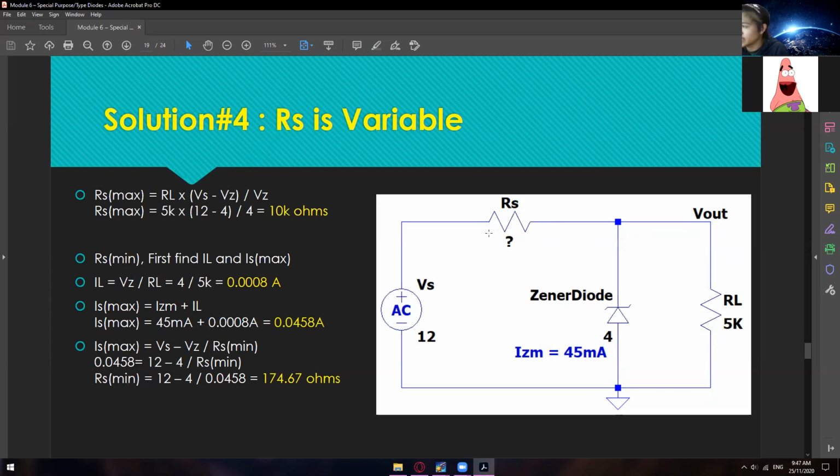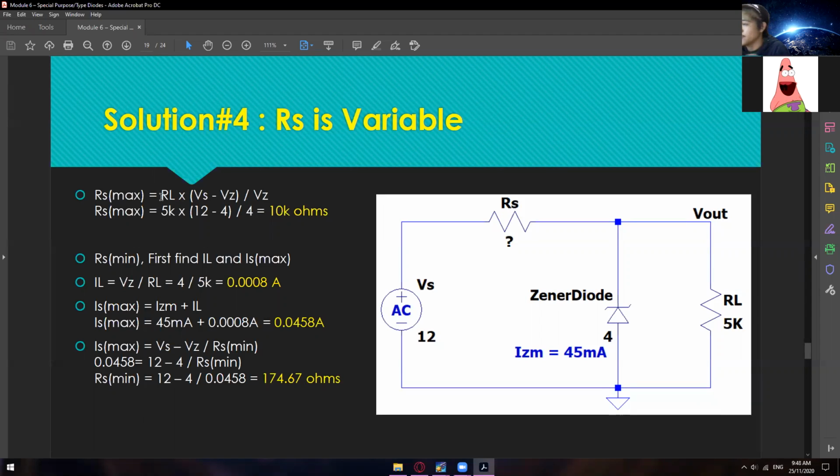So you will be able to get the RS max at that moment. Once you're done with this, you can move on with the RS min, IL, and IS max. You can solve either of those two first, but of course, you have to solve for the easiest one first. In this case, the easier one to solve is the RS max, so we will solve for the RS max first.